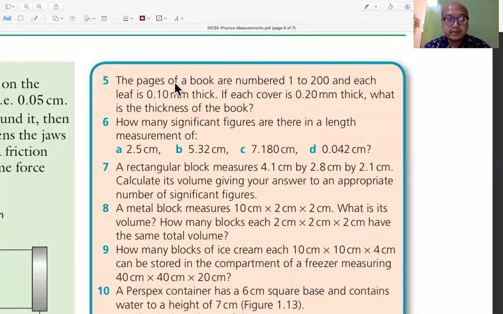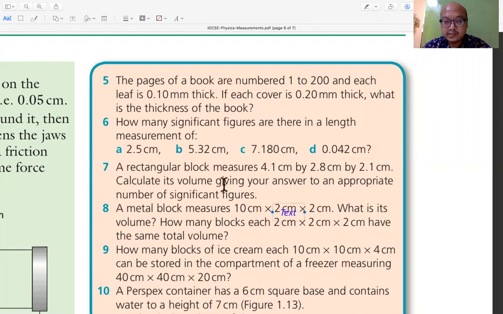Okay, number 5. The pages of a book are numbered 1 to 200 and each leaf is 0.10 millimeter thick. If each cover is 0.20 millimeter thick, what is the thickness of the book? Oh, this is so easy.